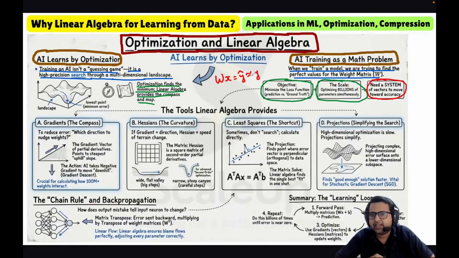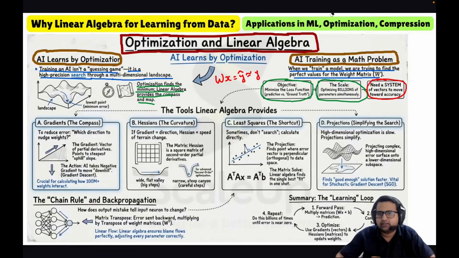That is the objective of training an AI model: to minimize the loss function. And regarding the scale, we are optimizing billions of parameters simultaneously. To do that, we will need a system of vectors which will move towards accuracy.